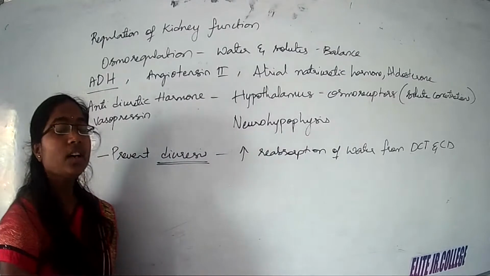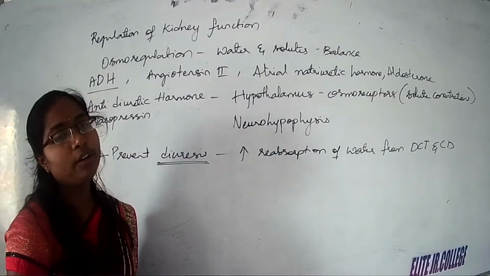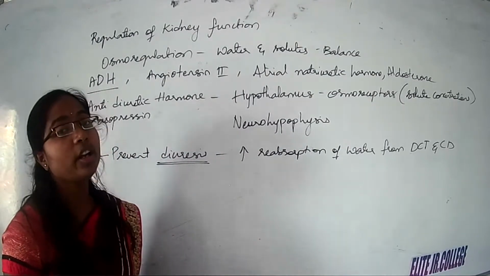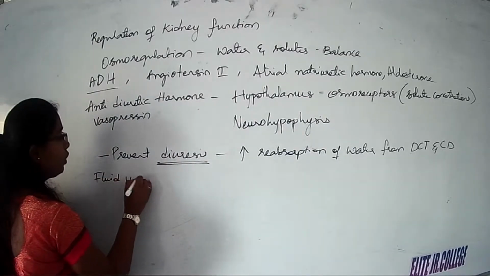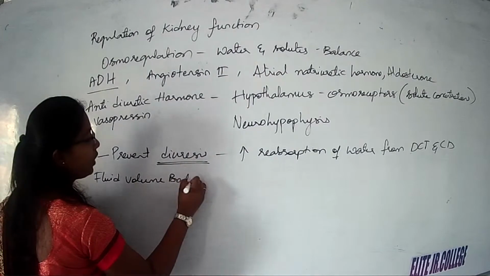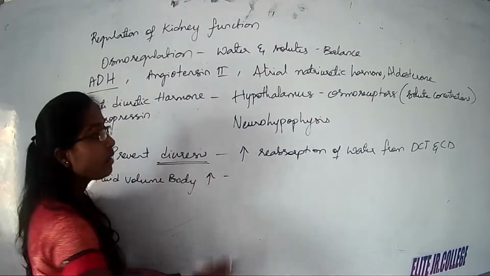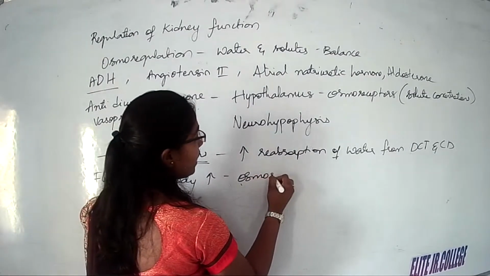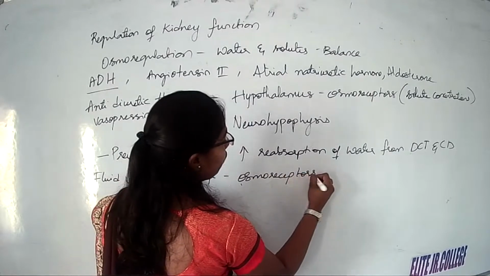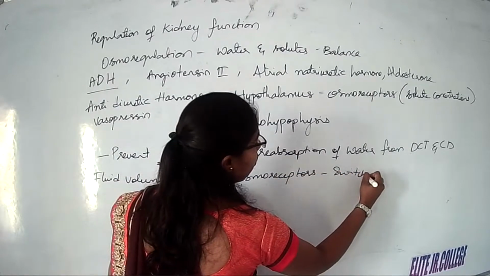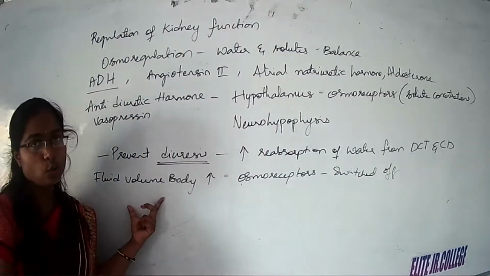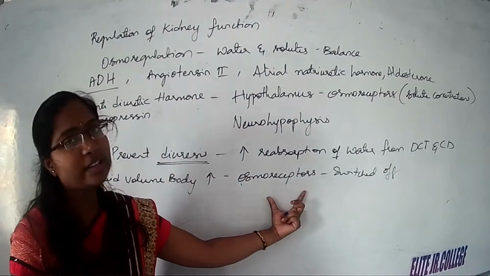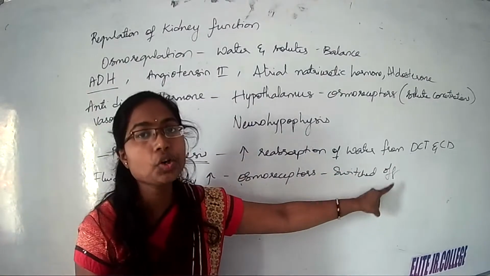When there is a large amount of body fluid volume, what is going to happen? When the fluid volume in the body increases, the osmoreceptors are switched off.